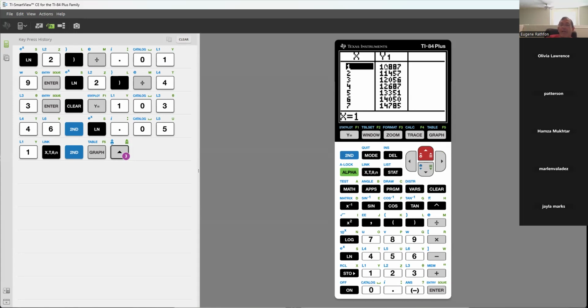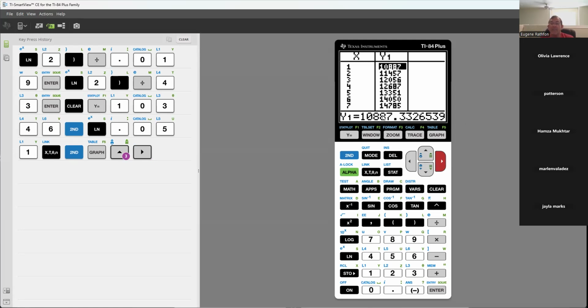Now, you see, if you look at the y1, all of these are rounded to the nearest dollar. But remember, they wanted me to do this to the nearest cents, which is 2 decimal places. So what you do, if you'll highlight the y1 value, the 10,887, and if you'll look on the very bottom on the bar, it says Y1 equals 10,887.33.